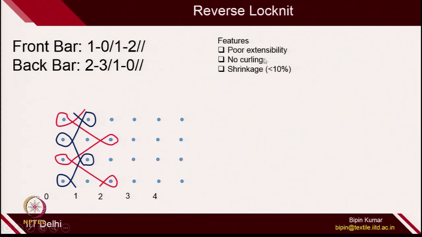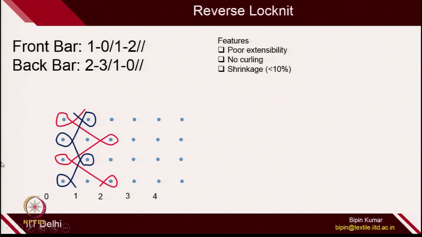This fabric has poor extensibility compared to the Locknit structure, it will result in no curling comparatively, and also less shrinkage compared to the Locknit structure.